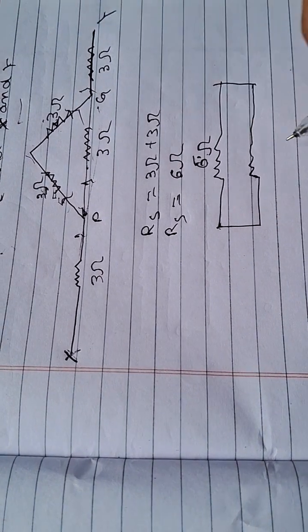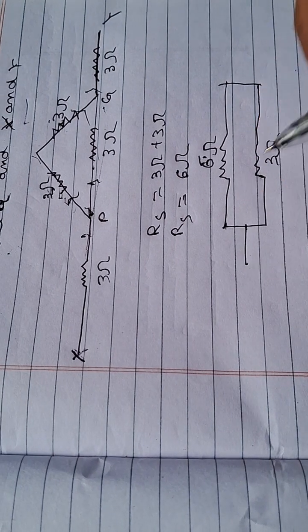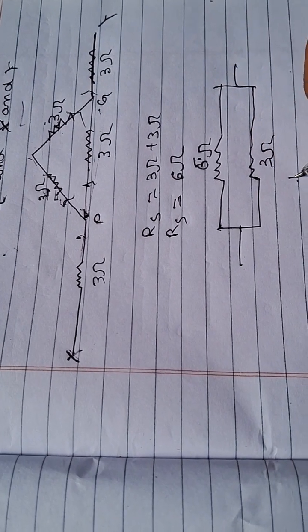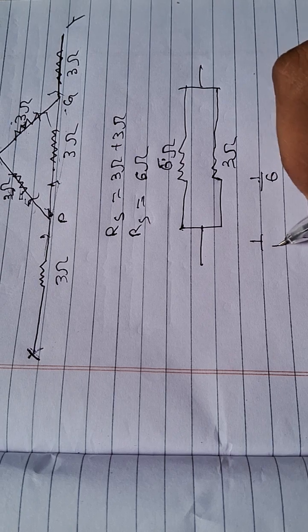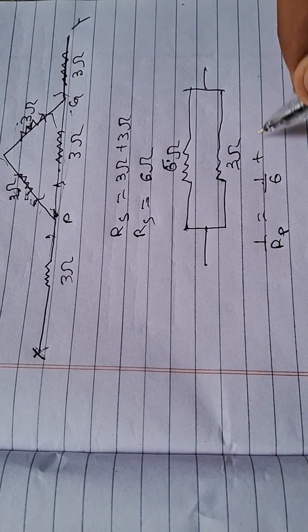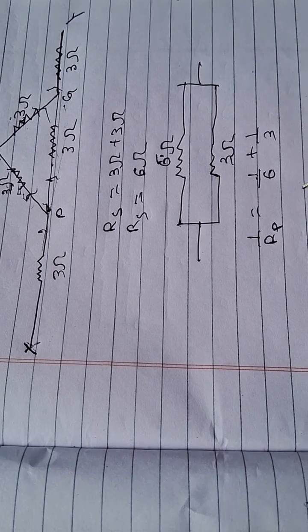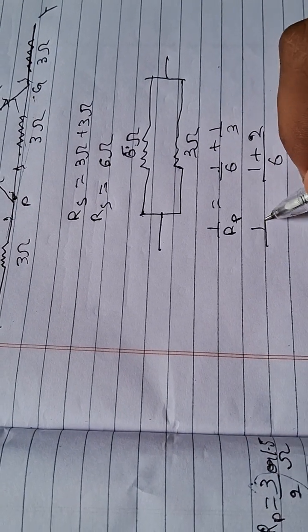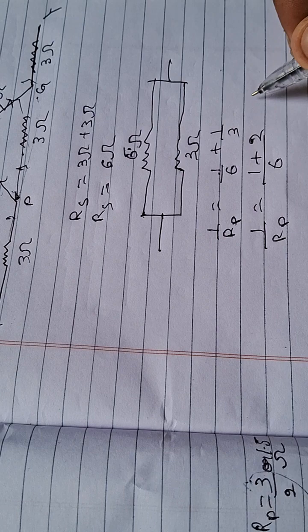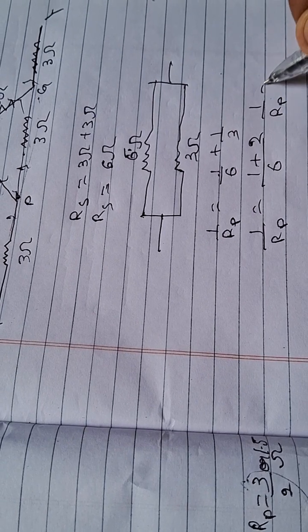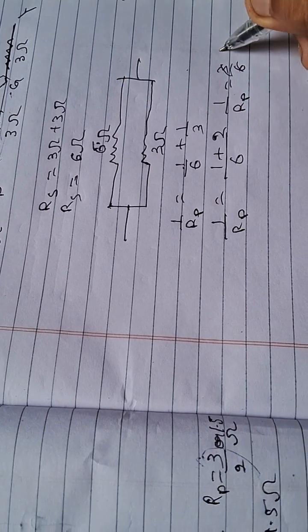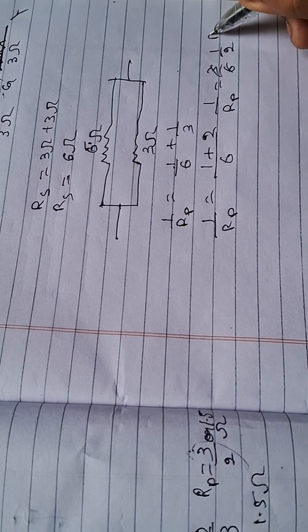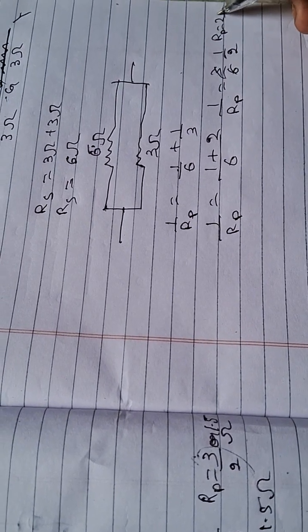And how much is this? 3 ohm. You can connect like this. 1 by Rp is equal to 1 by 6 plus 1 by 3. Let us take LCM as 6. 1 by Rp is equal to 3 by 6, which is equal to 1 by 2. So Rp is equal to 2 ohms.